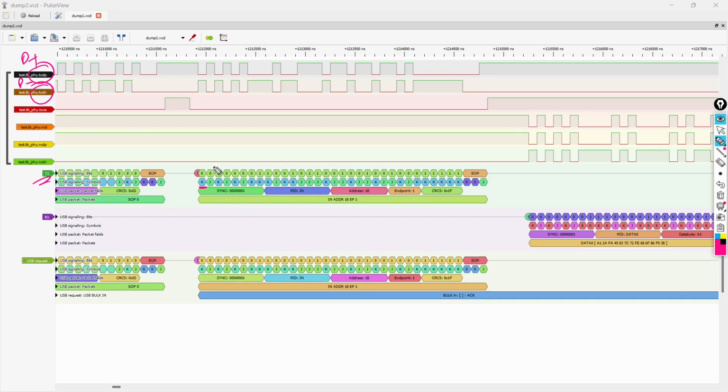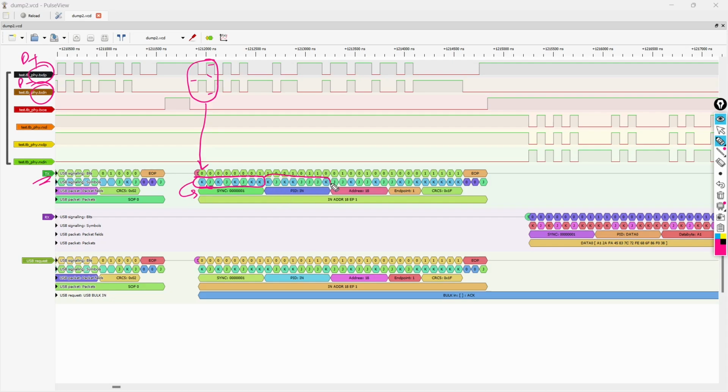If it is K, data plus is 0, data minus is 1. If it is J, data plus is high, data minus is low. So this signal you see in USB is interpreted as KJ, and this sequence is a byte. At that byte we get to know this is a sync which is coming from the PHY.